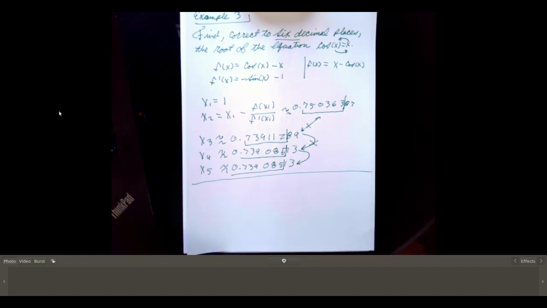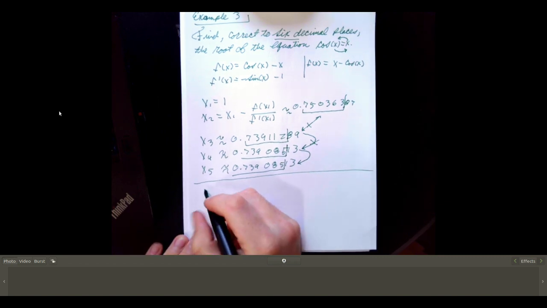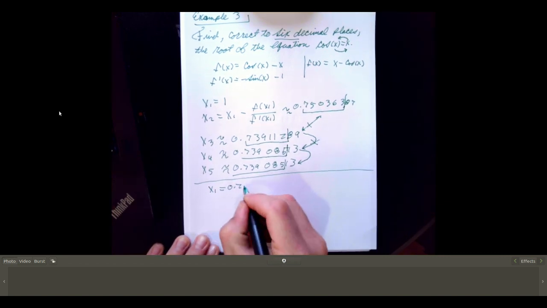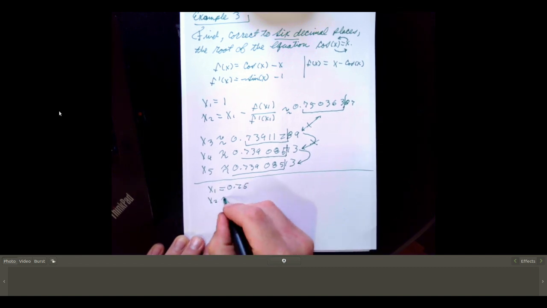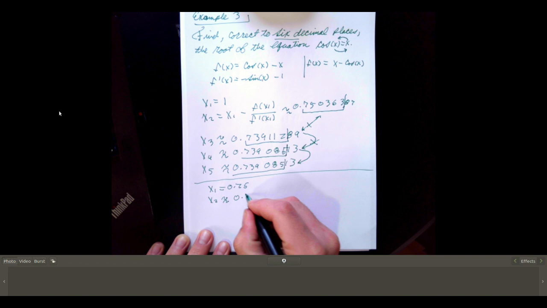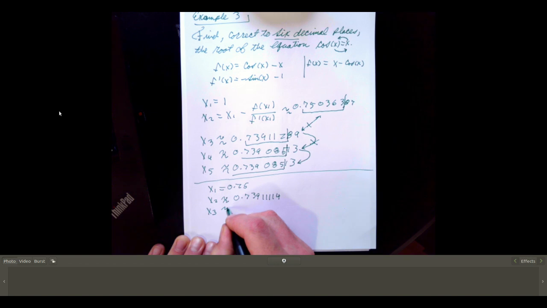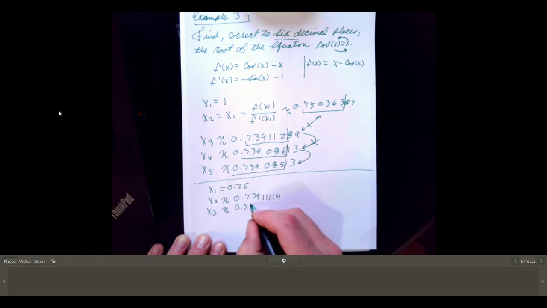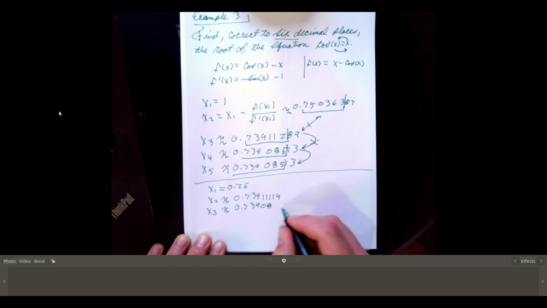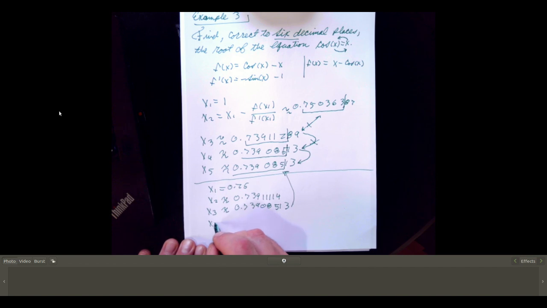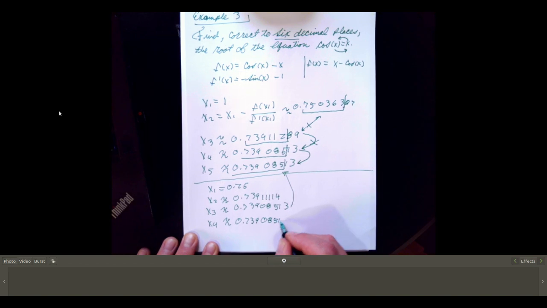I don't want to switch back over to Desmos. You guys can back up the video and look at it. If we chose a better guess for x1, if we took x1 to be 0.75, then we would get x2 about equal to 0.7391114. x3 would be about equal to 0.73908513, which is right up there. x4 is about equal to 0.73908513.